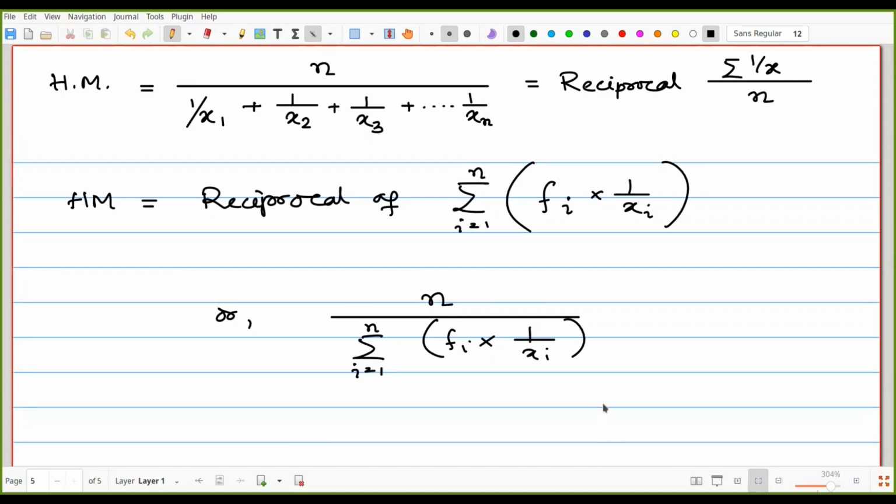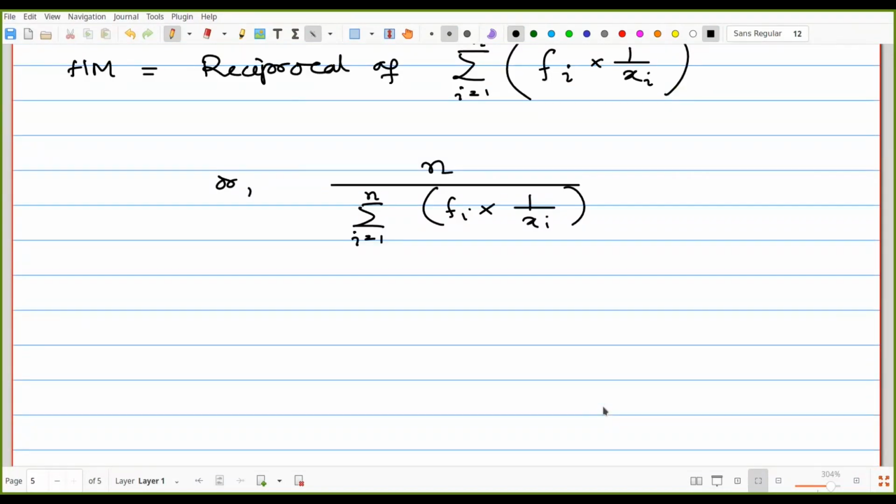Suppose we have 3 observations or data: 4, 8, 16.